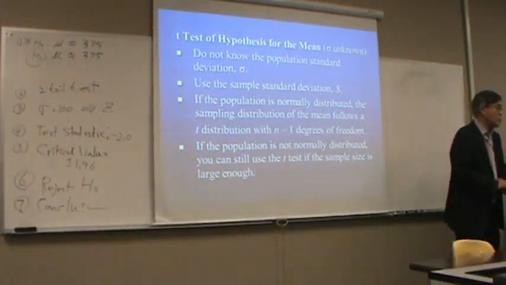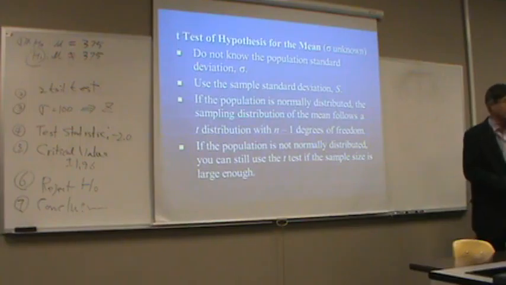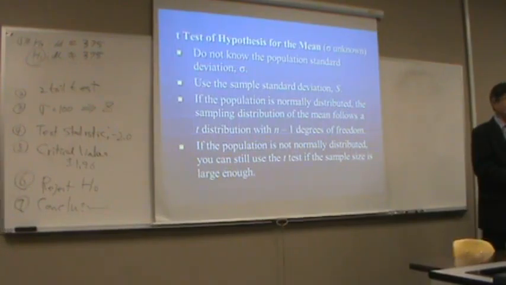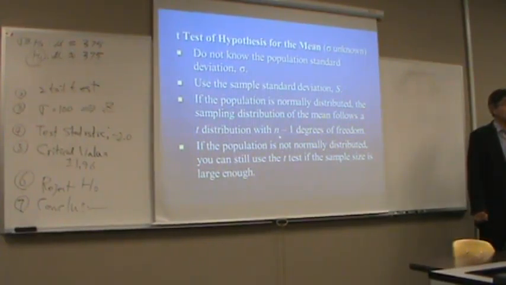Next one. As you know, if the population standard deviation is unknown, then we will use the t distribution. As you know, n minus 1 is the degrees of freedom.